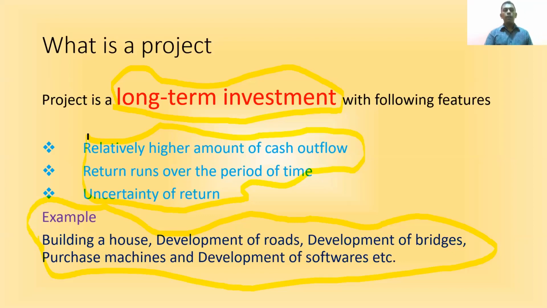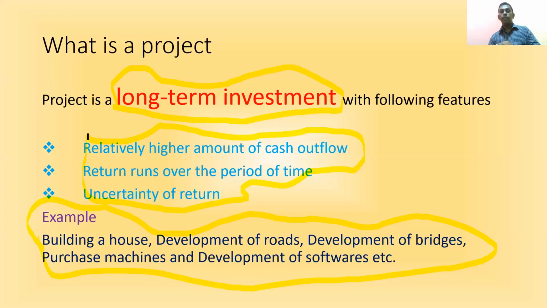Then the second feature: returns are generated over a period of time. What is the return of this fixed deposit? That is the interest, right? The maturity period or useful life of this fixed deposit account, as we said earlier, is 5 years. This means that the fixed deposit account generates returns at the end of the first year, second year, third year, fourth year, and fifth year.